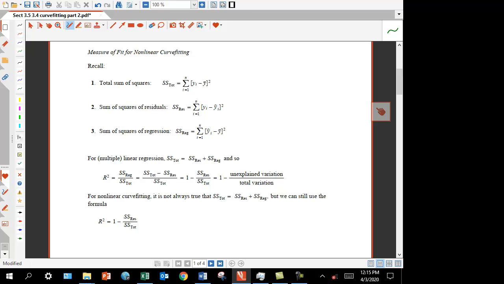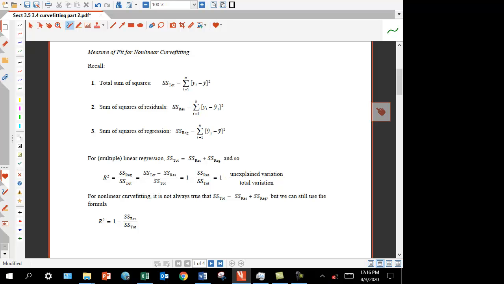So if I use my relationship that SS total equals SS residual plus SS regression and solve for SS regression, I can write it this way, which simplifies to this, which I can interpret as 1 minus the fraction of the variation that's not explained.